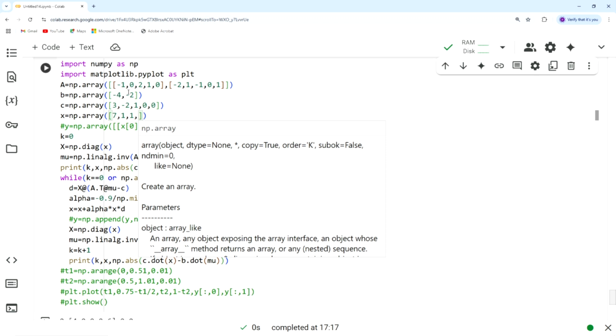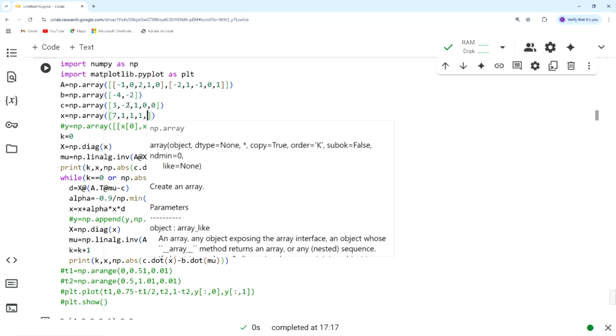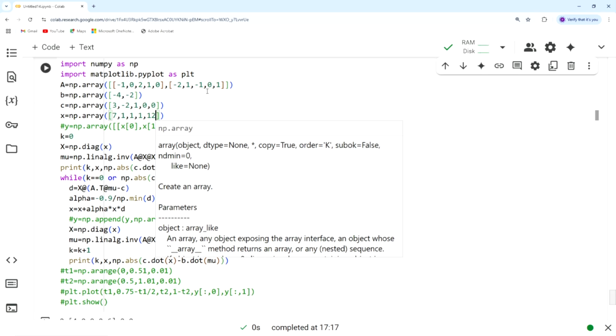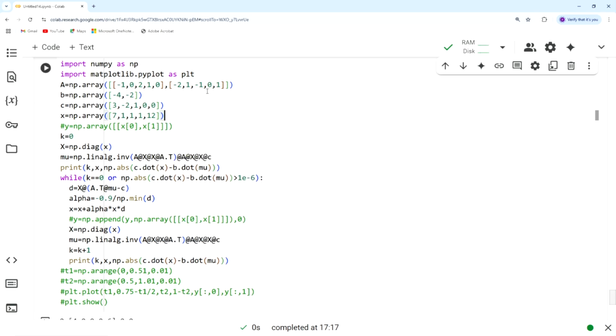So it is minus 7 plus 0 plus 2 is minus 5. When you put 1 you get minus 4, okay. So this is minus 14 plus 1 minus 13, minus 1 minus 14, this is 0, and this should be 12. So minus 14 plus 12 is minus 2, okay, alright.